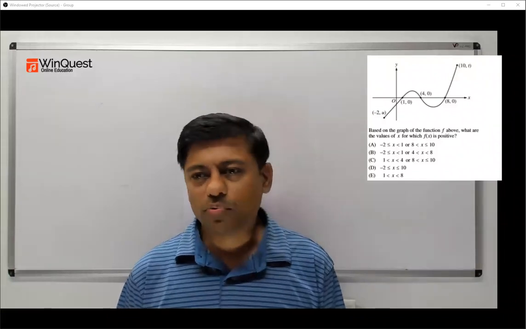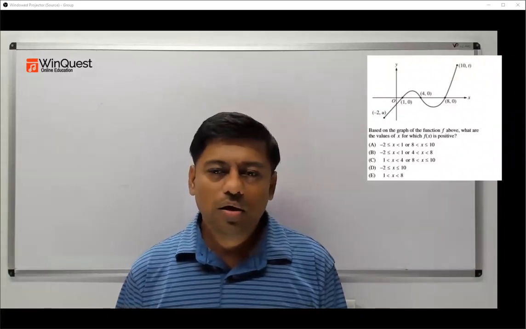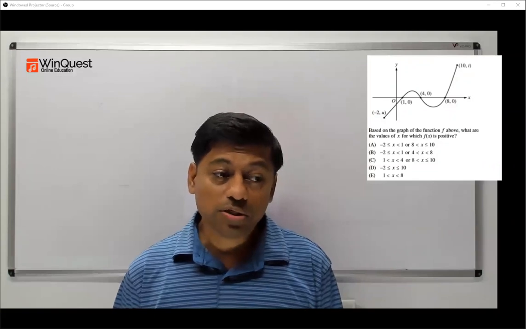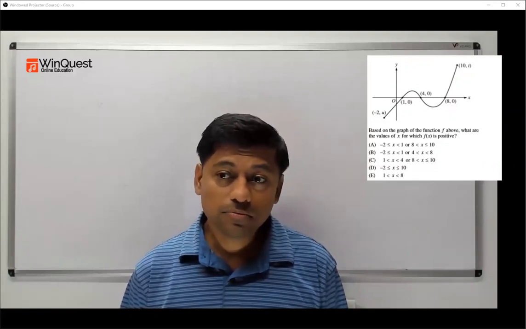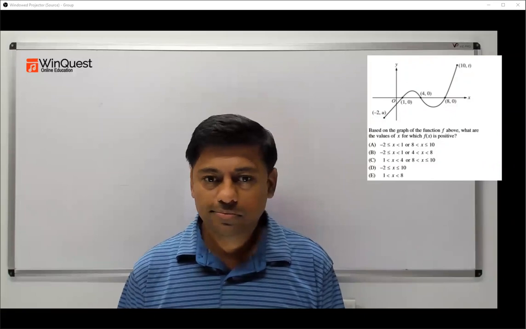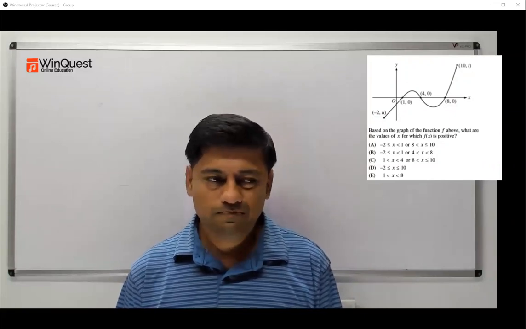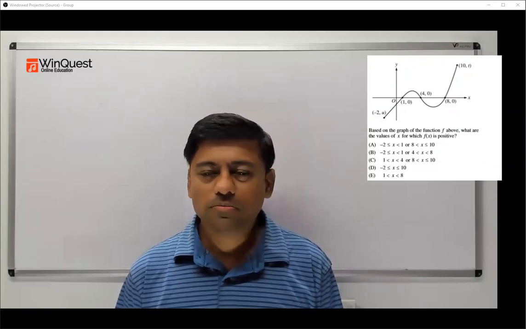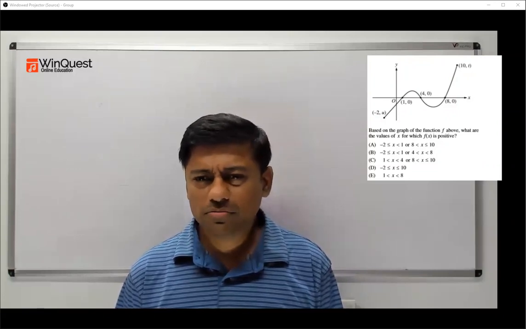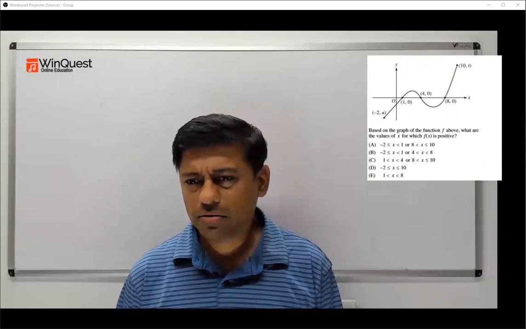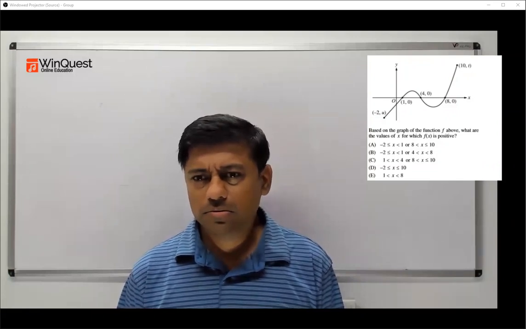Okay, let's wind it up quickly. What is meant by f of x is positive? The y values. Are you sure, Karthik? Yeah. Okay. How many of you think Karthik is right? Yeah, I think he's right.